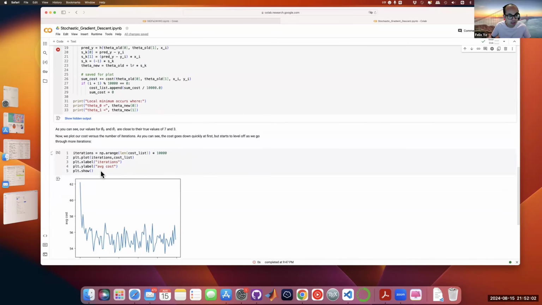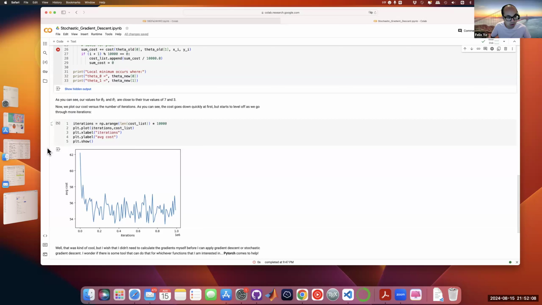We can see how the cost decreases; we have run about 10 to the 6 iterations. The cost dropped very quickly, and then after the initial drop it starts to fluctuate.